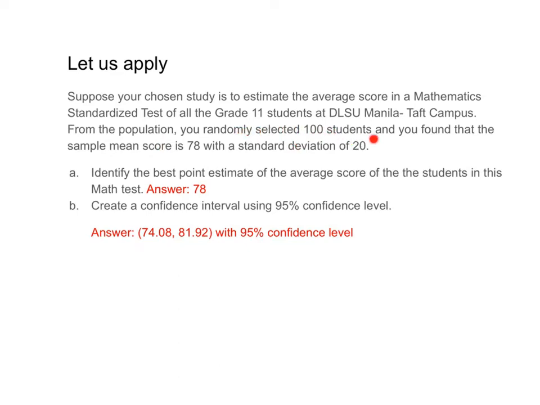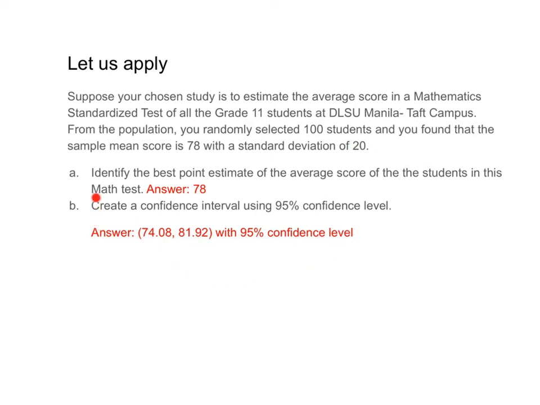We selected 100 students randomly, and after getting all the scores of these 100 students, we found that the sample mean, the mean score of the 100 students, is 78. And upon computation, the standard deviation turned out to be 20.